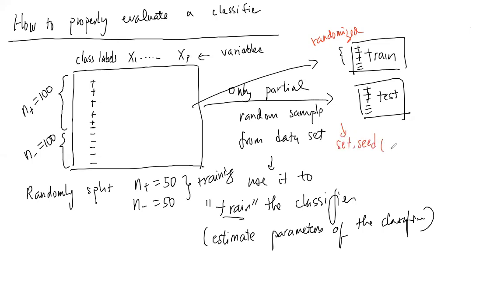You set a seed, then you put a number here. After you have set the seed and you randomize, you will get the same sample again and again. This is because your random numbers are generated using a pseudo random number generator.